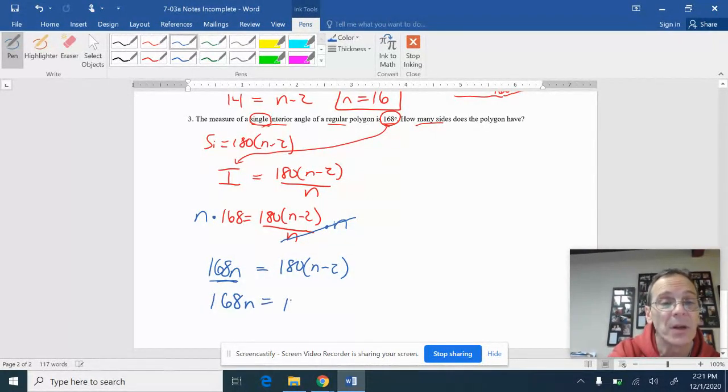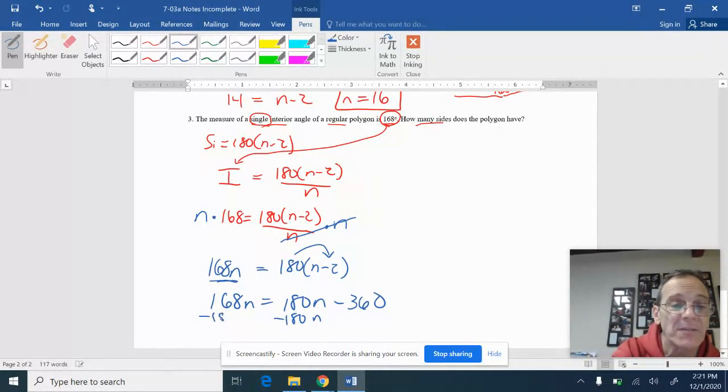168n is equal to 180n minus 360 when you distribute the 180. If it were me, I would subtract 180n from both sides, even though I can see in advance that's going to give me a negative n on the left. I don't care because I'm comfortable with negatives, and besides, I got a negative 360 on the right.